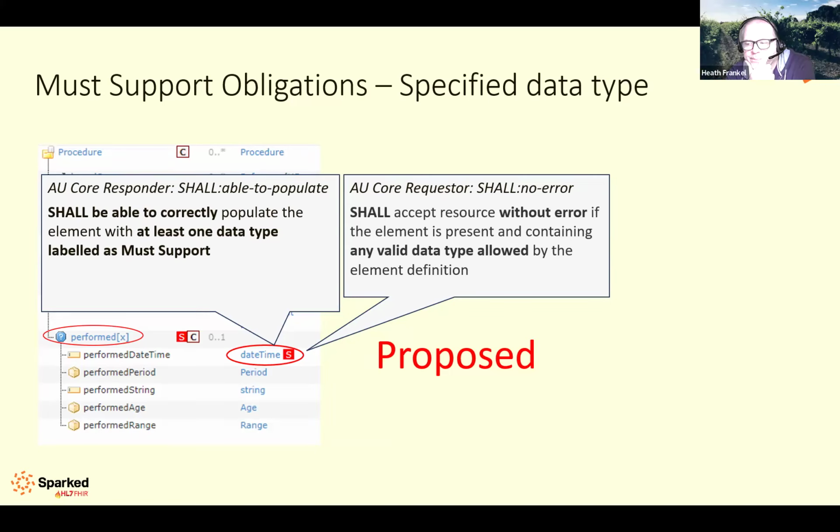Right. Yeah, I'm not sure what the real benefit is of adding that capability. Able to is fine, but in any particular instance, the date time may not be populated.